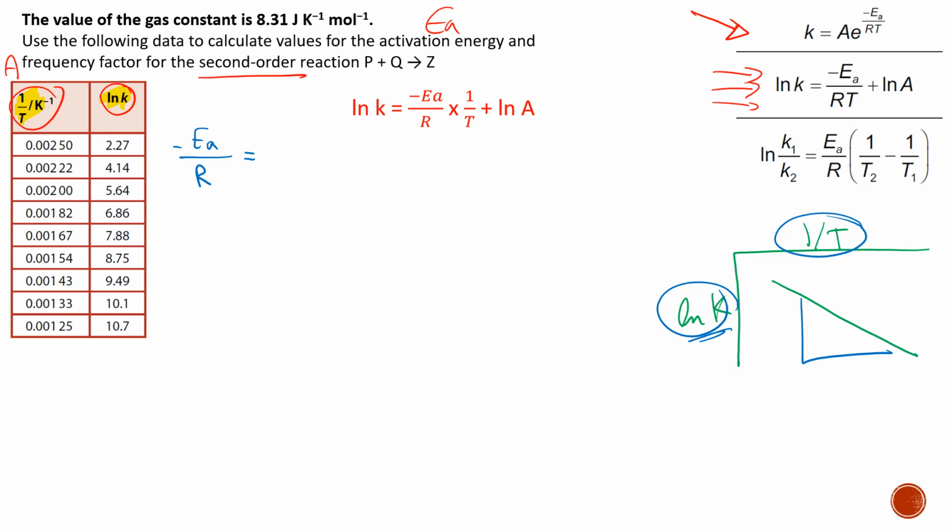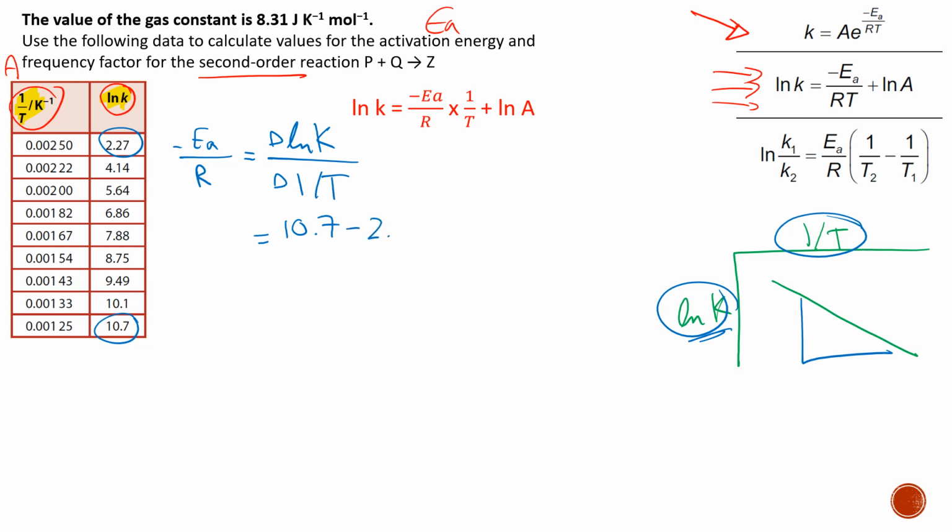Negative EA over R will be calculated using the change in ln K over the change in 1 over T. Okay, let's use the numbers that we have here in the table. We'll use the change in ln K. I will use 10.7 and 2.27.